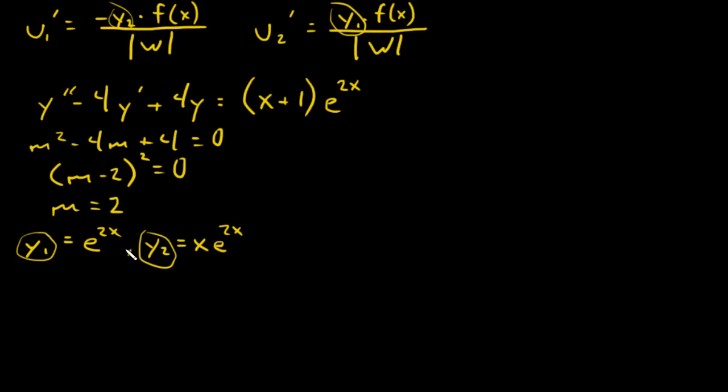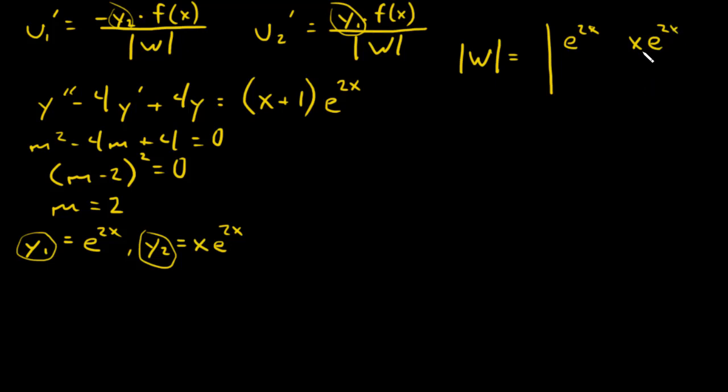Okay? So now all I have to do is compute the Wronskian, because I'm going to need that. So the Wronskian, which I'm going to indicate like that, is going to be equal to the determinant of, well, my y1 is e^(2x), y2 is x e^(2x), right?